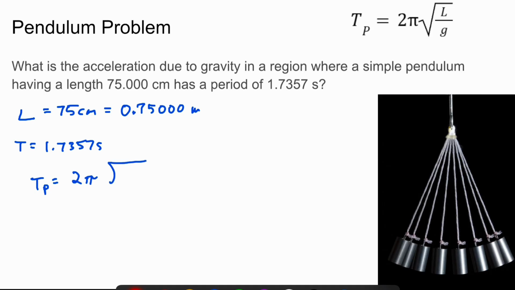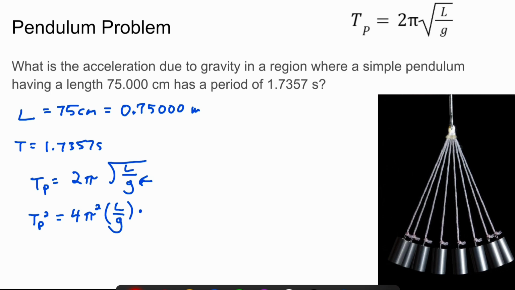And so if we take a look at our period for a pendulum equation, our period equals 2 pi times the square root of L divided by g. And so our unknown here is g, right? So let's put everything in terms of our unknown. Let's first square both sides. So we end up with our period squared equals 4, which is 2 squared, times pi squared times L over g. If we square the square root, we end up with just L to the first power over g to the first power.